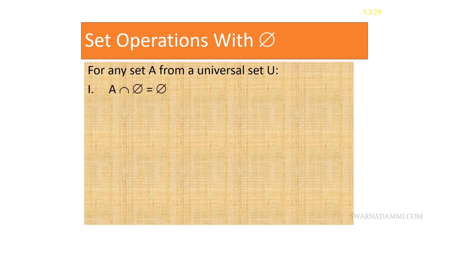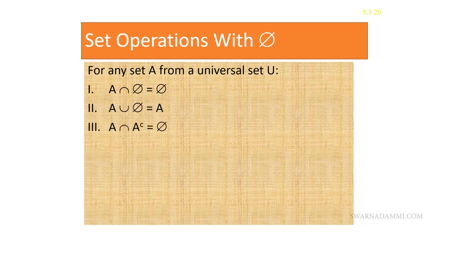If there is a set called A, then A intersection with the empty set equals the empty set. Again, second, A union the empty set gives us A, the same set.